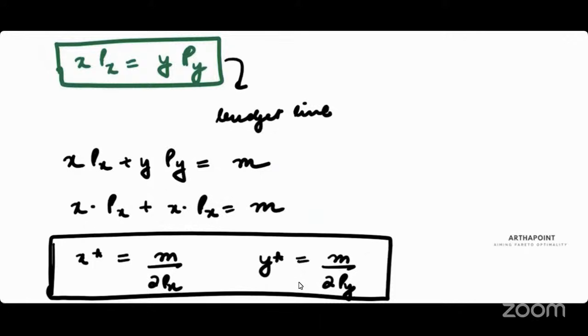In order to find it, I have to maximize utility subject to the budget constraint. I can do it by the method of substitution, Lagrange, or the consumer optimization equation, MRS equal to Px by Py. Whichever method you use, you will get the same answer.